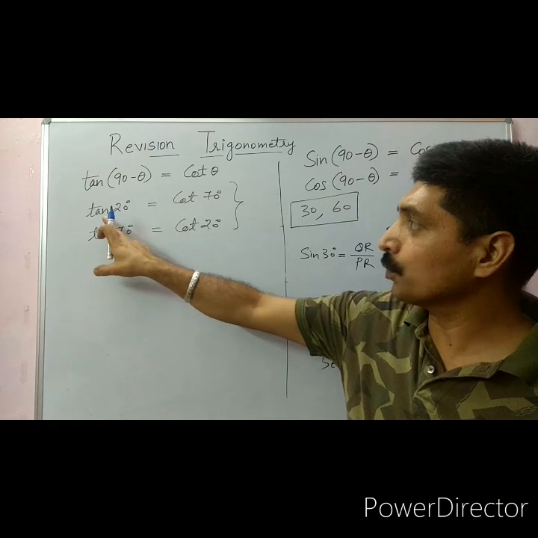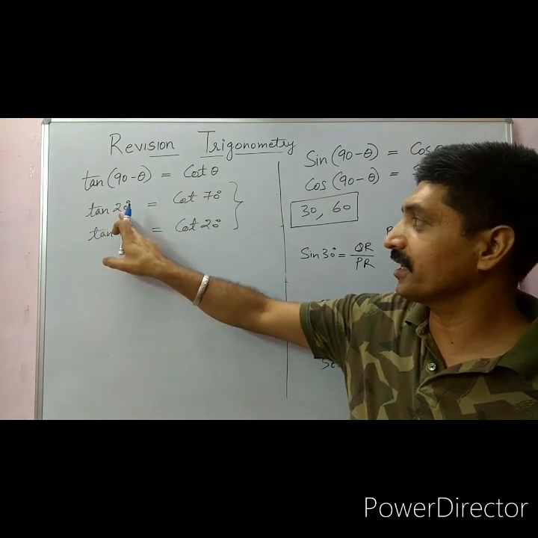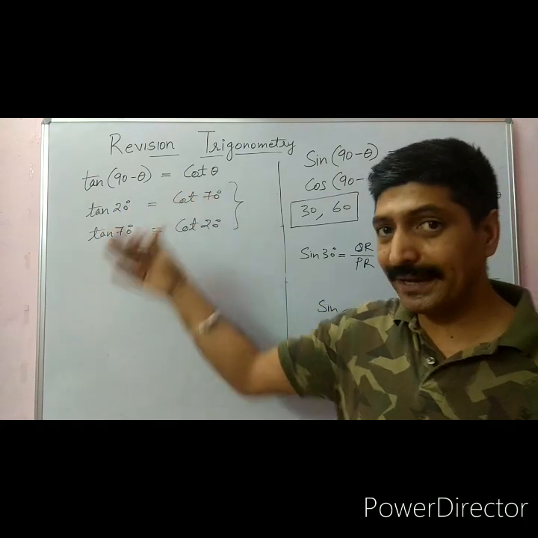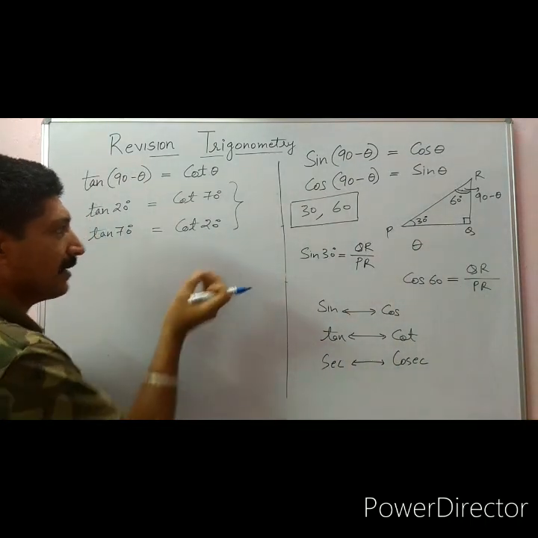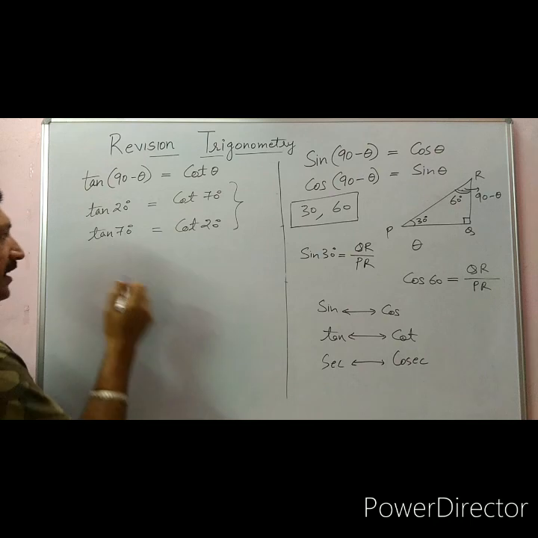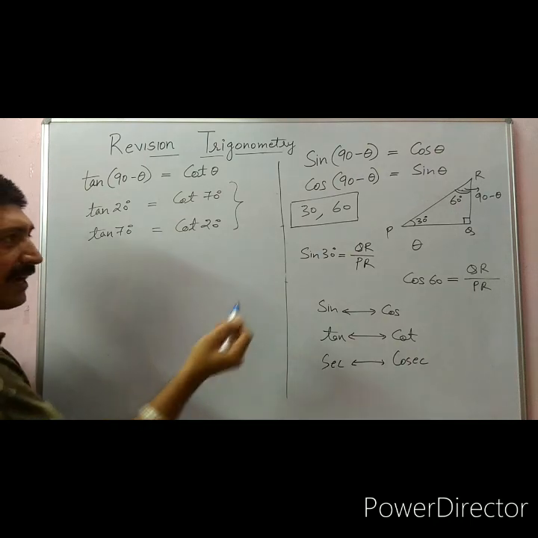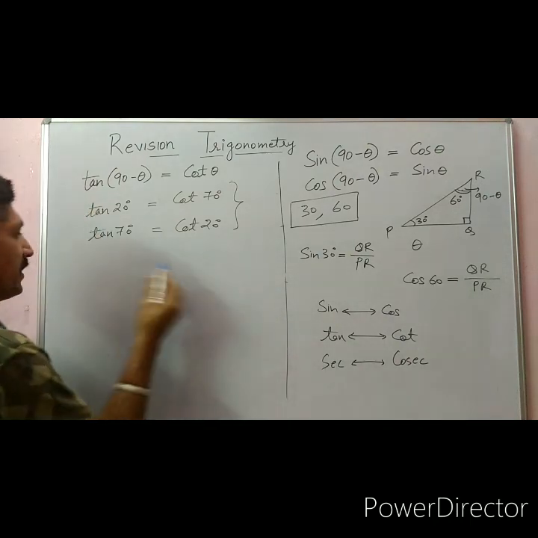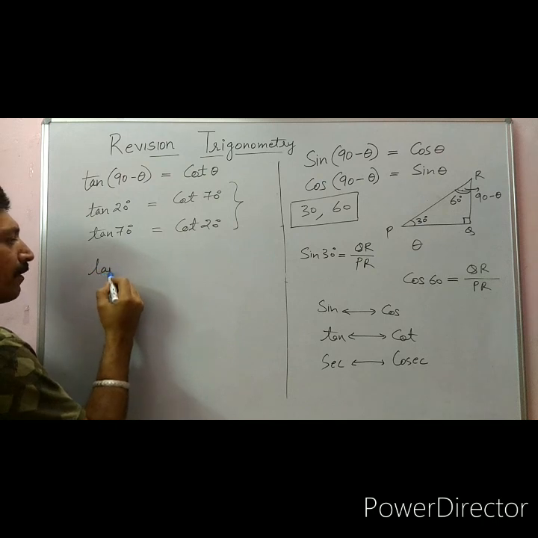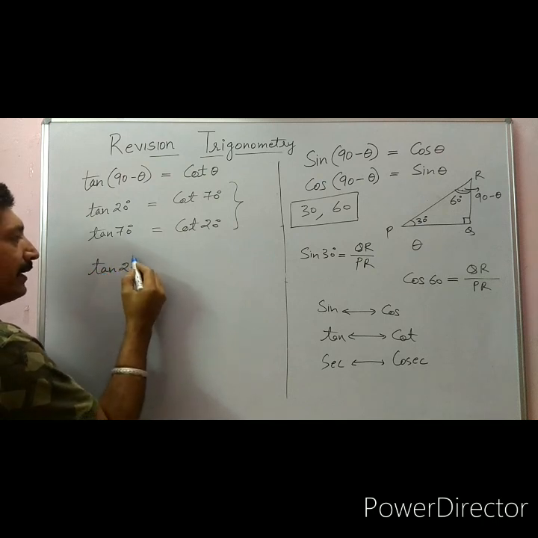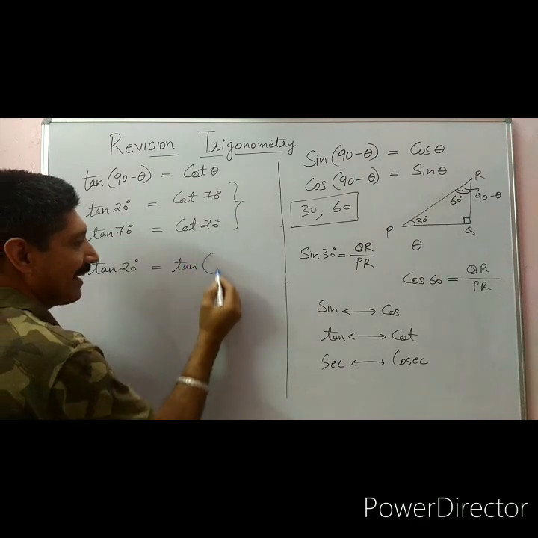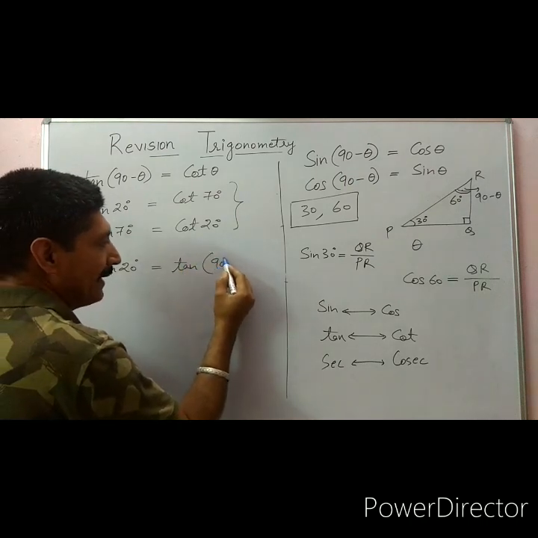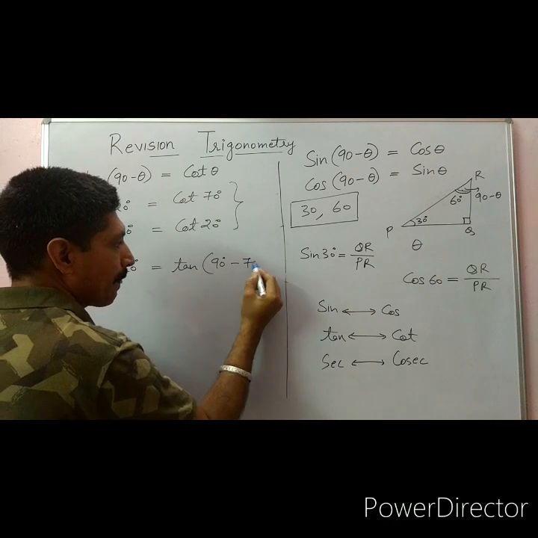But if I want to change tangent of 20 degree into cotangent by applying the formula, here this is a very typical mistake, students are not understanding, they are doing some mistake. I will discuss that mistake with the students. Tangent of 20 degree can be written as tangent of 90 minus 70.